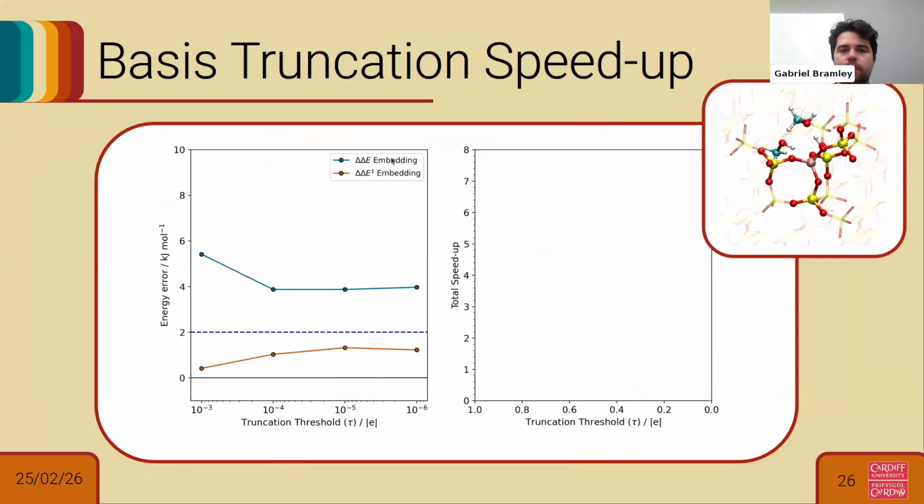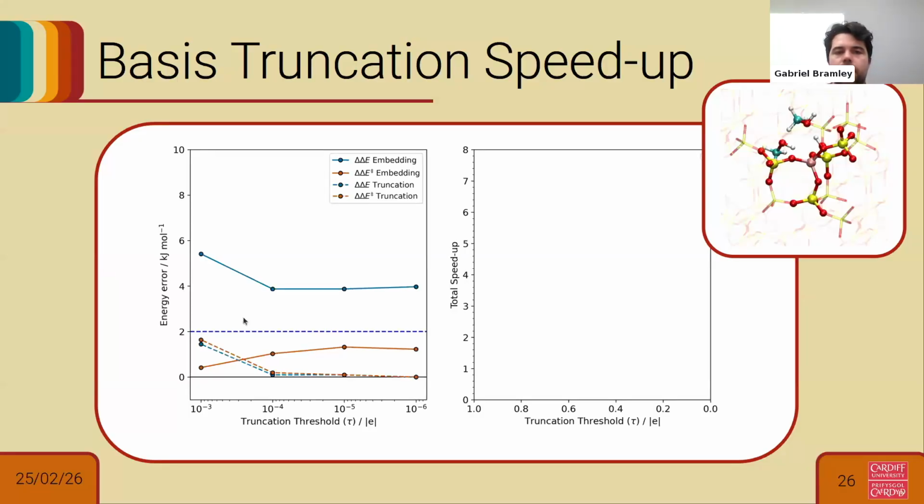When we deal with embedding calculations, we have to deal with not just the overheads associated with truncation, but also the overheads involved with embedding. So you have to converge a number of things when you're running these calculations. And although the reaction energy, as defined here, is at about 4 kilojoules per mole, which is not a great level of accuracy, so you would probably want to increase the size of your QM region just a little bit, we find that our activation energies are somewhat performant below this 2 kilojoule per mole threshold. I would consider that fine and happy.